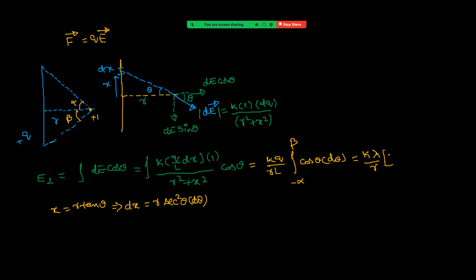Then this is sin beta minus sin of minus alpha. That is the expression for the normal component of the field.